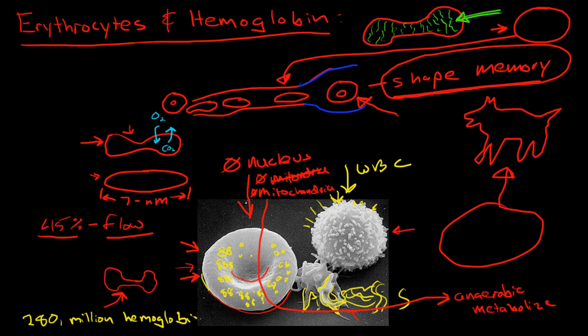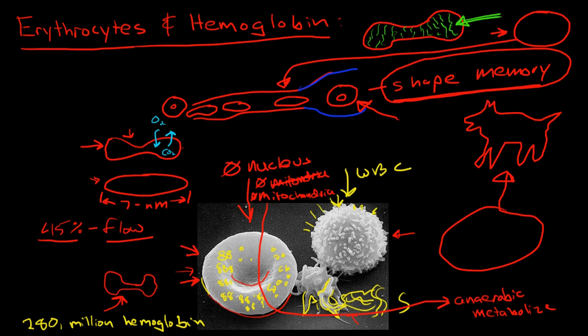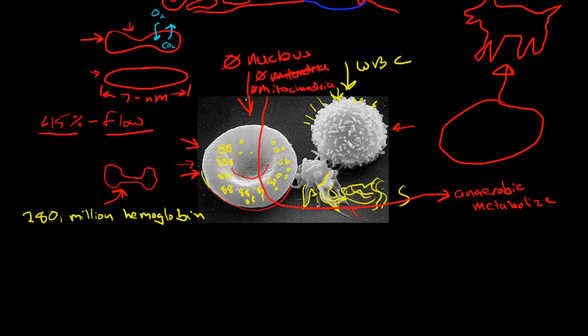Now, remember, there's 5 million red blood cells per ml. So if you multiply these two together, in 1 ml of blood you end up with, I think it's like 1 quadrillion hemoglobin molecules.